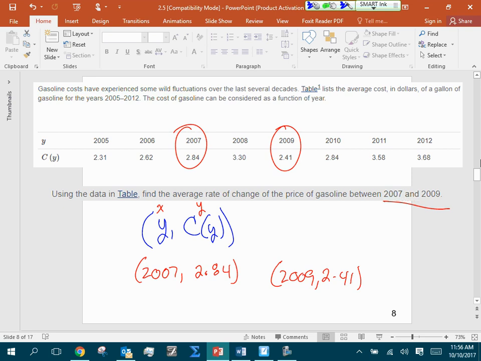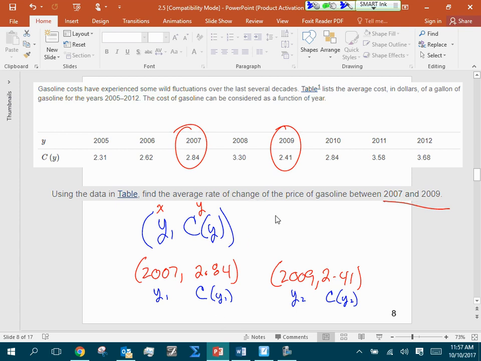So this is how I'm going to label these things. This is an x sub 1, and actually, we're using the y's and the c of y. I'm going to say this is y sub 1, and this is the cost at y sub 1. This is y sub 2, and this is the cost at y sub 2.